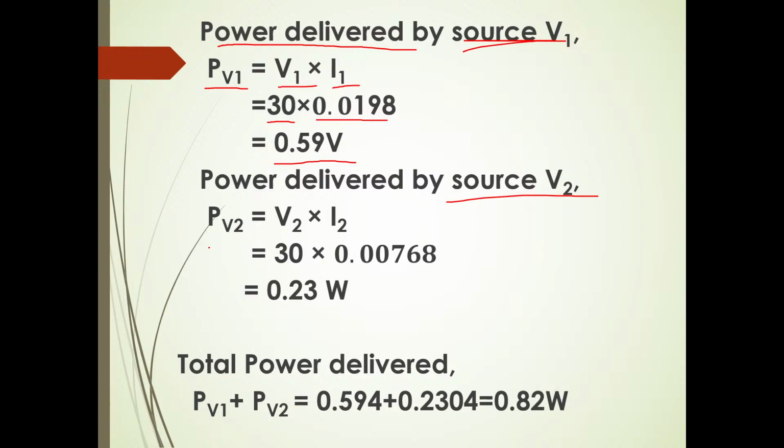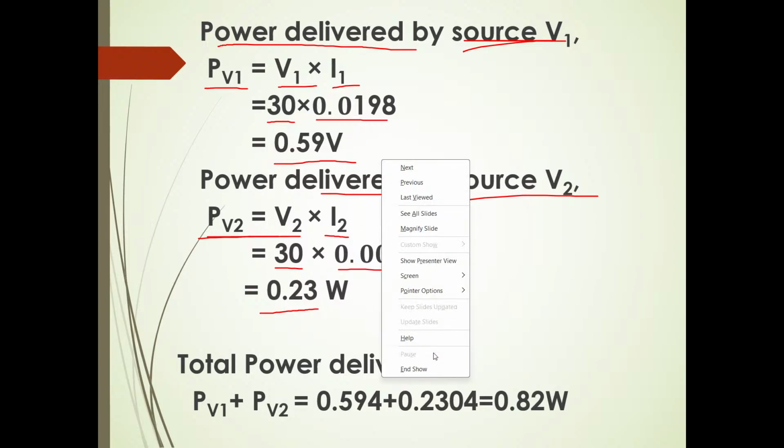Similarly, power delivered by source 2 is source voltage V2 into current coming out of that source, I2. V2 is 30 and I2 is 0.00768. Just multiply those two, you will get 0.23.